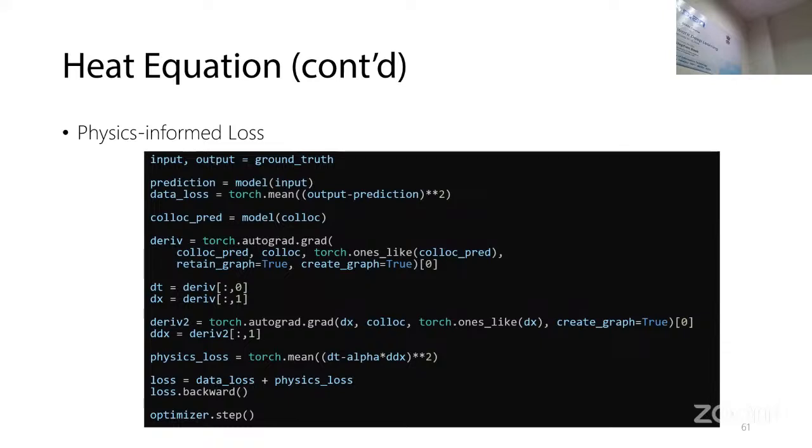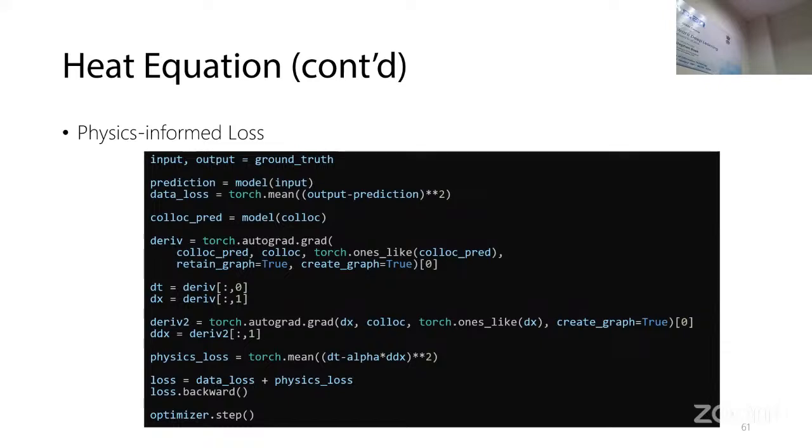The physics-informed loss might be a little more sophisticated, but as long as you understand how torch.autograd.grad works, this is not terribly difficult. For the physics-informed loss, first of all, we start with some collocation points. Given those collocation points, we have predictions here. We have a slightly different variable name to distinguish them.